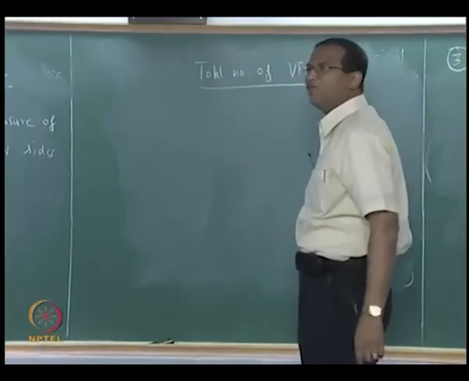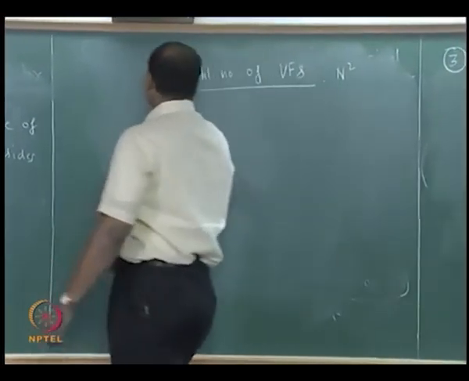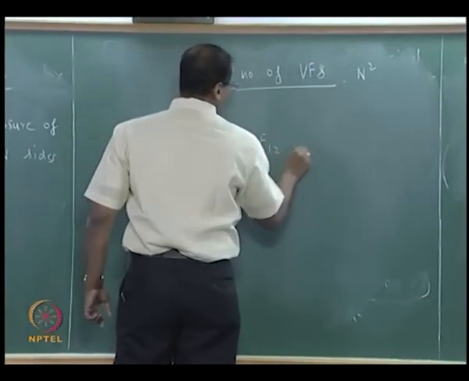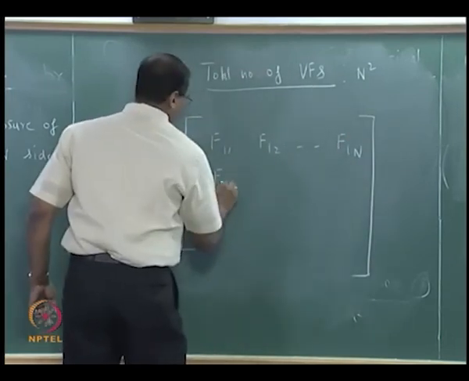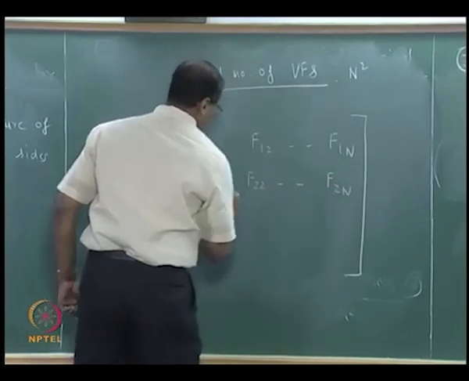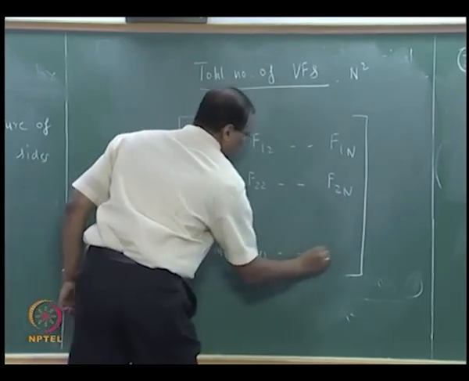So I will say the total number of view factors is n square. Okay, I can write it like this: F11, F12, so on up to F1n, F21, F22, F2n, Fn1, Fn2.